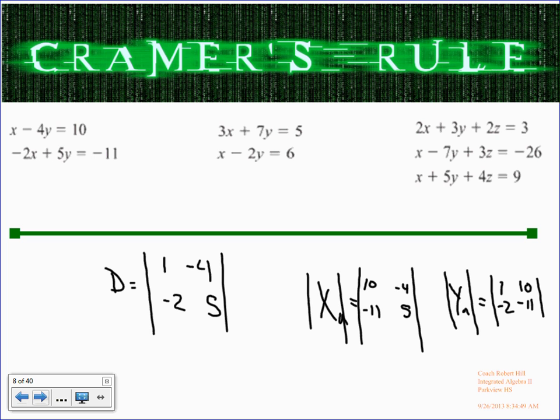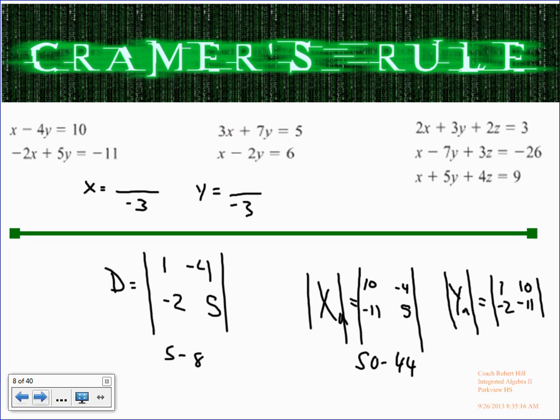Then, when you calculate these, 5 minus, if I cross multiply, I get 5 minus 8. 5 minus 8 is negative 3. So X's denominator is negative 3. Y's denominator is negative 3. Okay? The numerator, 50 minus 44.